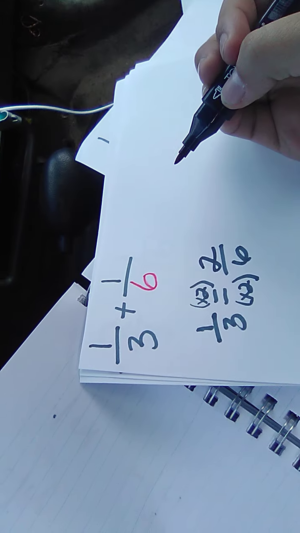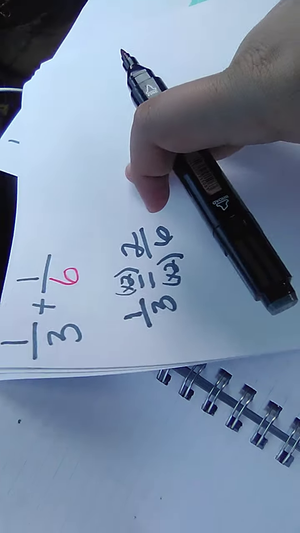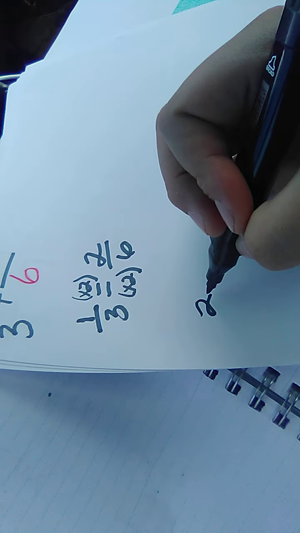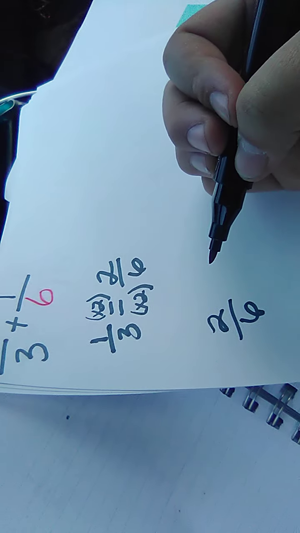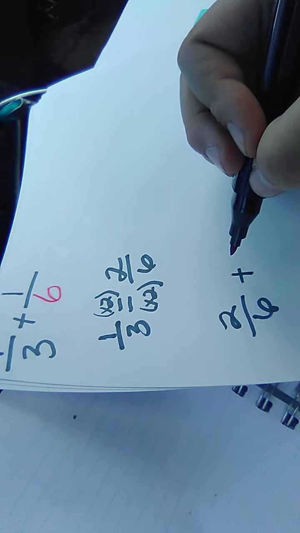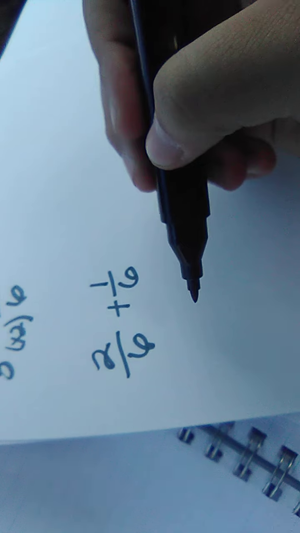2, right? Okay, so now we've got our new question, our new numbers. So now we're going to do 2/6. That was originally our 1/3. And we are going to be adding it to our 1/6. Now, we both have the same denominator. They're both the same.